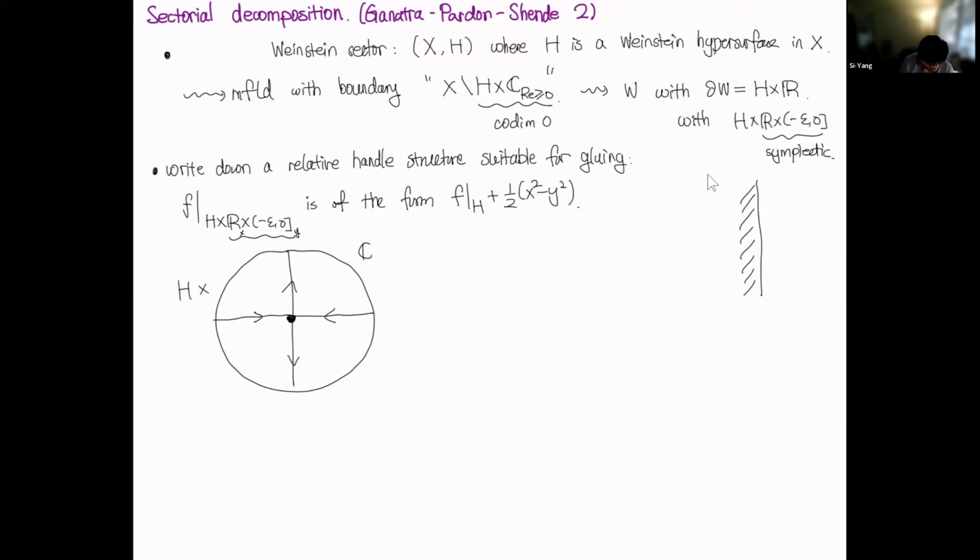Like this is C. But you cut along the middle line so that you only look at the left-hand side. And if you have another boundary where it looks like the same picture, then you can just glue along the middle. Right? So then we can glue two sectors along H cross R.